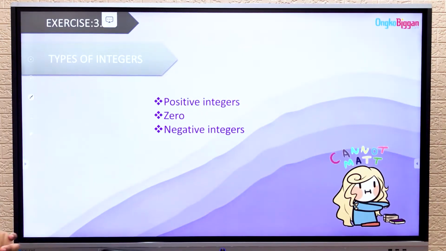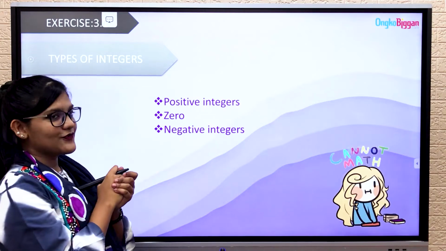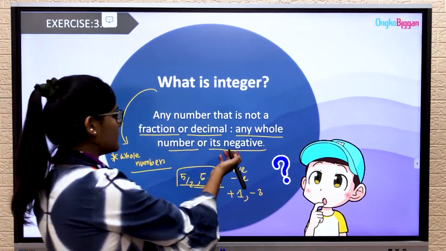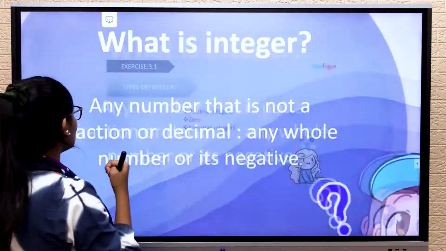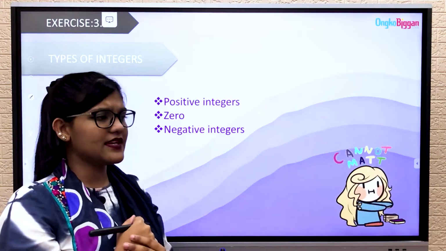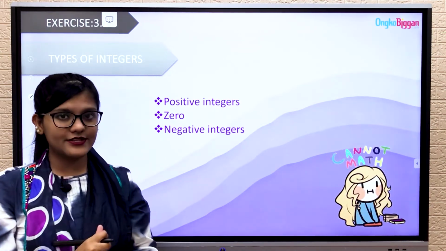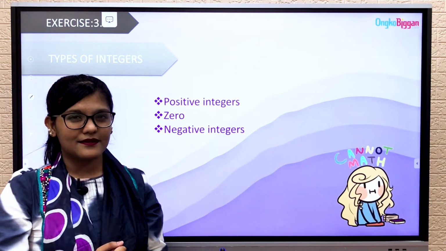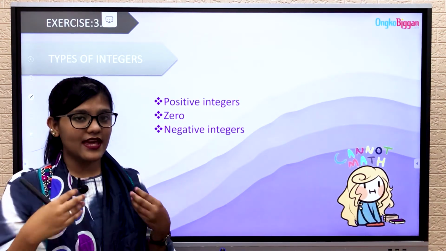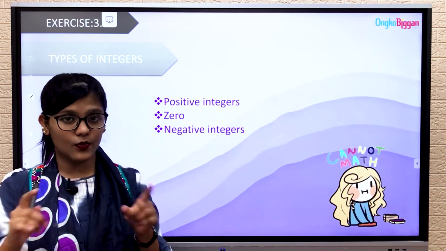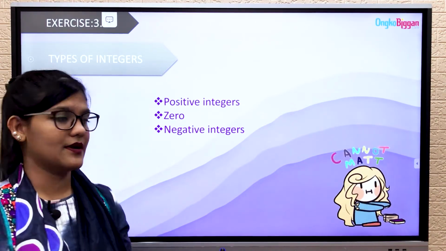Firstly, types of integers. We have already learned integers include any whole number or its negative. In the first chapter we talked about all the natural numbers including 0 that are not expressed in the form of fractions or decimals, that are whole numbers.